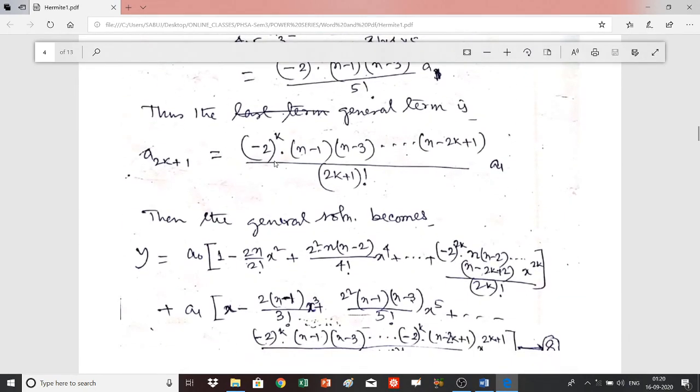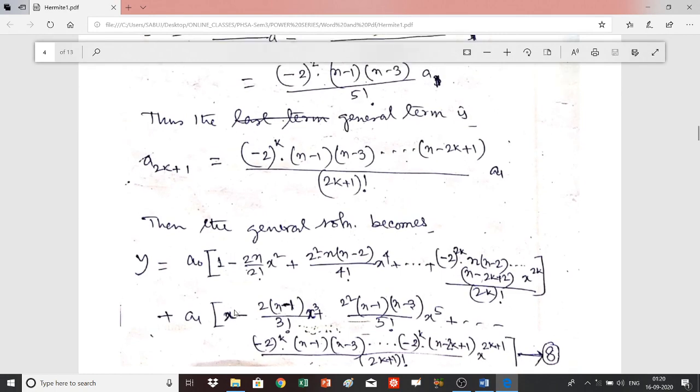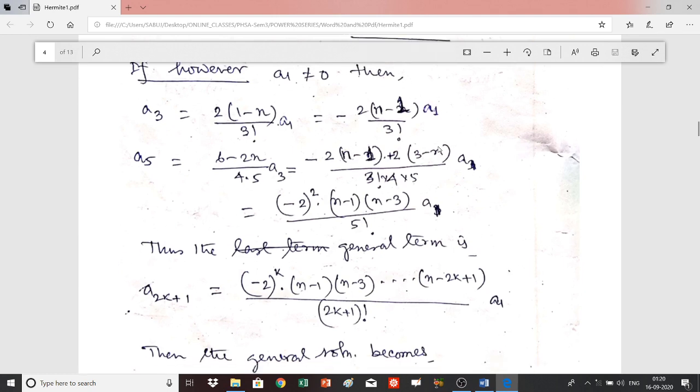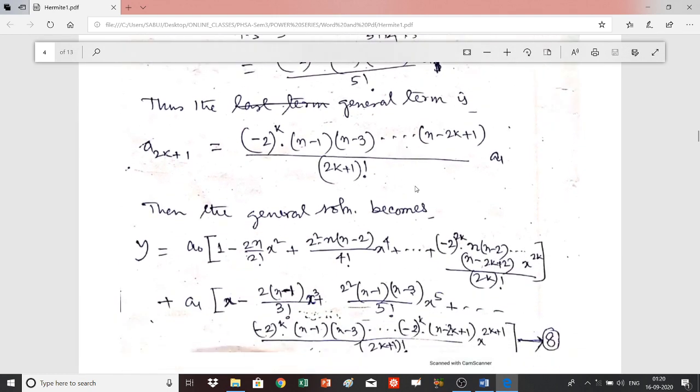Then the term will come, a3: minus 2 into (n minus 1) by 3 factorial into x cube, and then plus 2 square (n minus 1)(n minus 3) by 5 factorial into x to the power 5.